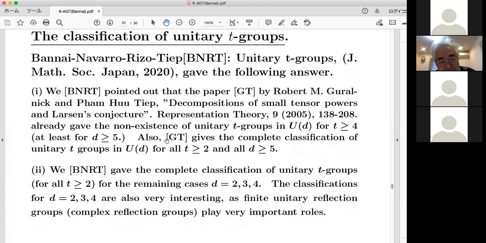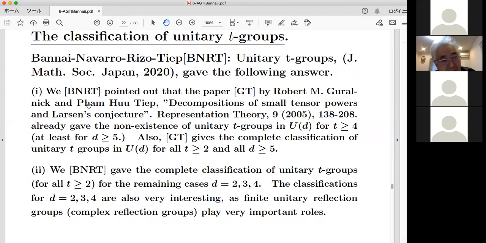And also, this Guralnick-Tiep paper gives the complete classification of unitary T groups in U(D) for all T at least 2, if the dimension is at least 5. And when the dimension D is small, 2, 3, 4, it's slightly complicated.